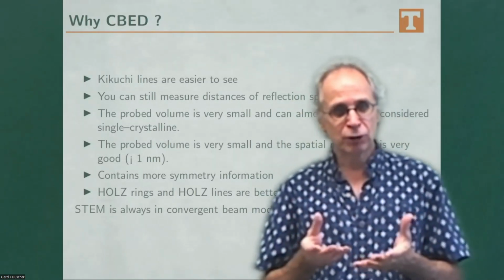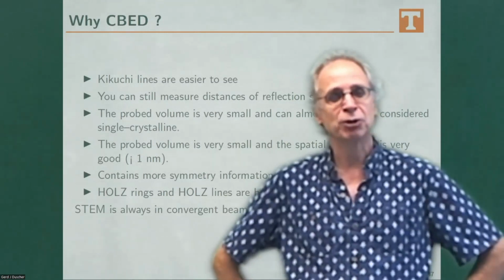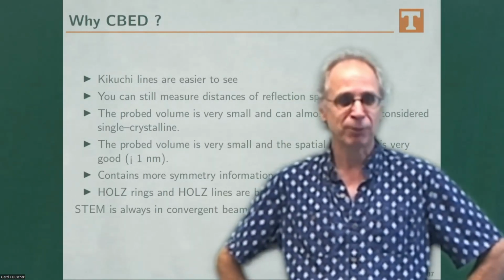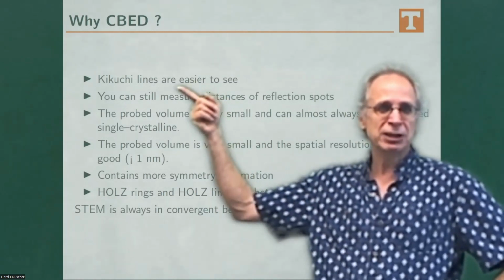Why would you do convergent beam electron diffraction? Of course, you'd want to do 4D STEM, so you are in CBED mode anyway. That's one way to look at it. But you have some advantages. So you see Kikuchi lines. They're much easier to see in convergent beam electron diffraction. You have still the same advantages that you have with spot pattern, with parallel illumination. There's no difference. Your probe volume is very small.